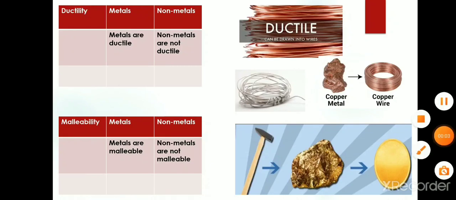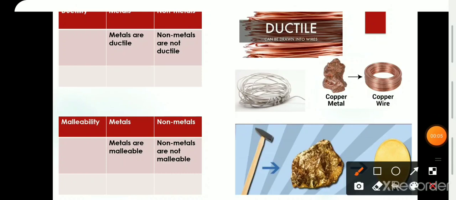Now tell me, electric wires at your home are made up of which metals? Yes, aluminium, copper. So this property is called ductility, in which the metals are drawn into wires. Metals are ductile while non-metals are not ductile.